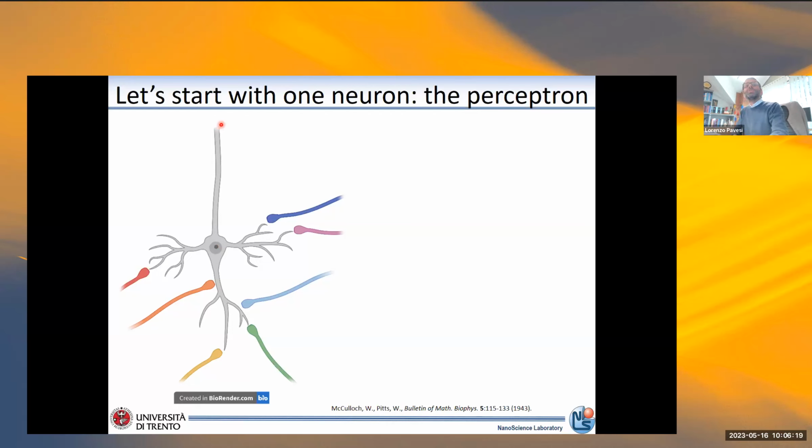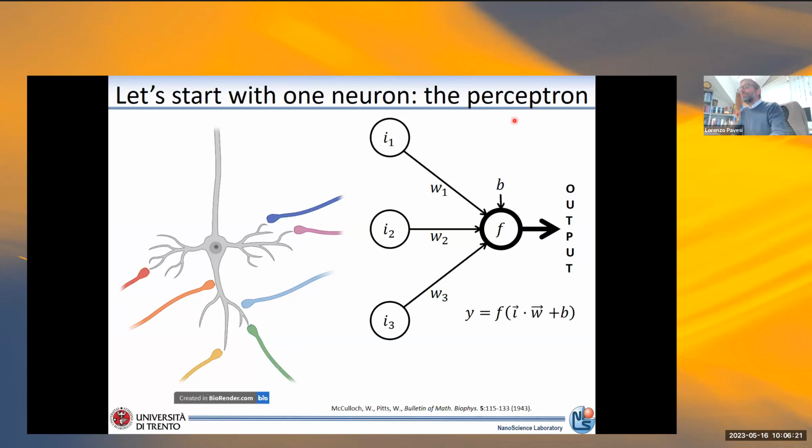And this concept is at the base of an artificial intelligence model called a perceptron, where data are input, weighted, and then input into the body of the neuron, and the weighted sum of the input data is non-linearly transformed into an output quantity.